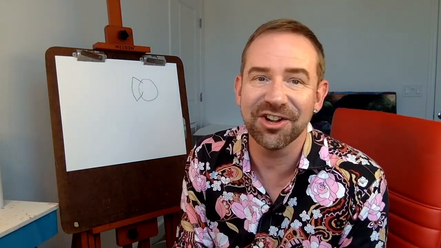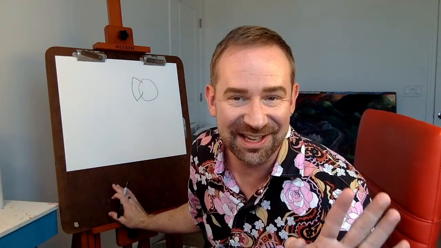Now, elephants have big floppy ears. So I'm going to draw kind of like I guess a triangle shape would be good. A little rounded. Kind of like that. It doesn't look like an elephant yet, does it?